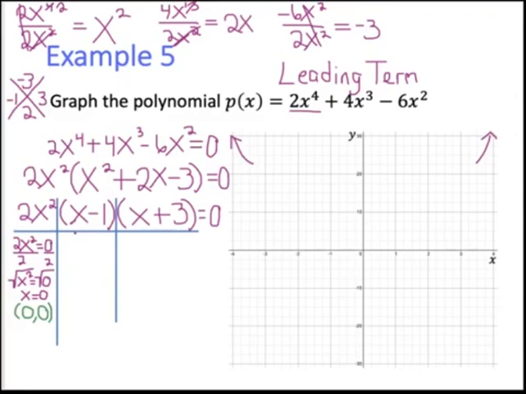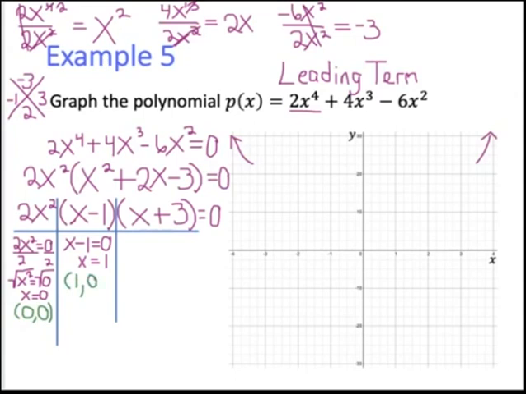If I take x minus 1 and set it equal to 0, all that I'm going to do is add 1 to both sides, and I'm going to get x equals 1. So my x-intercept then is the point 1, 0.